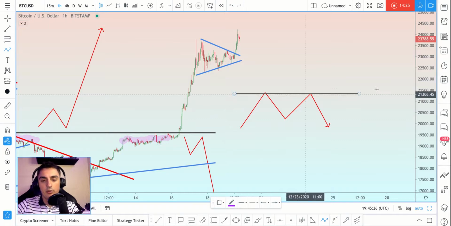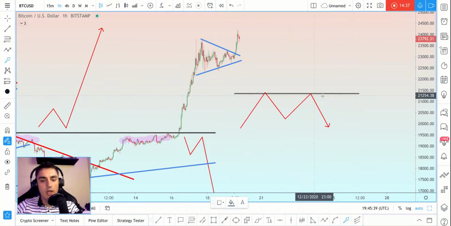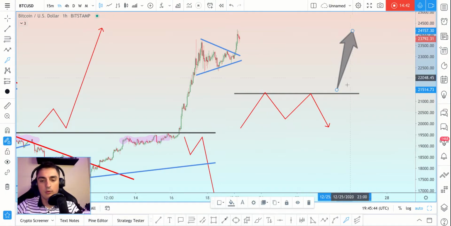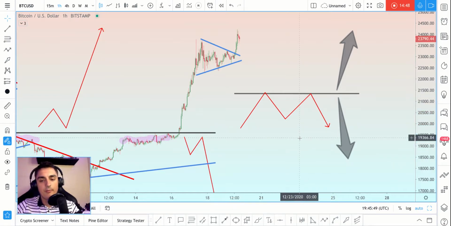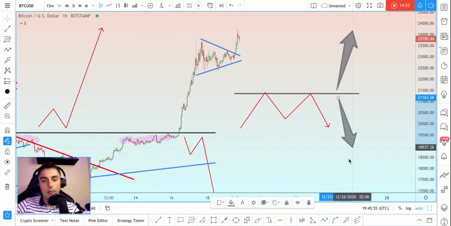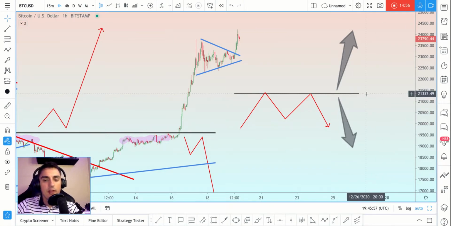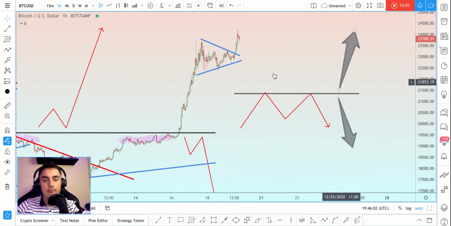Just because you draw the resistance line, it's not quite obvious where the price will go, because yes, you have a resistance here, but the price can go up as we talked before, and the price can go down. And which has more probability, well, you have to decide and take a risk.